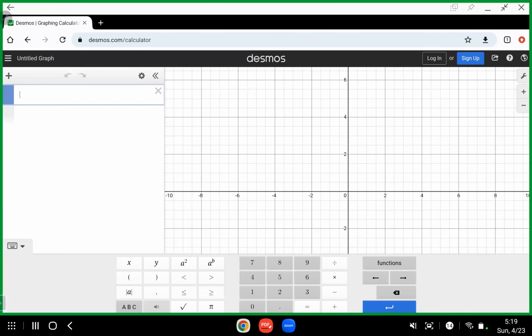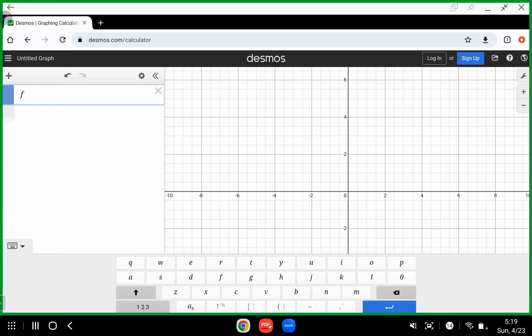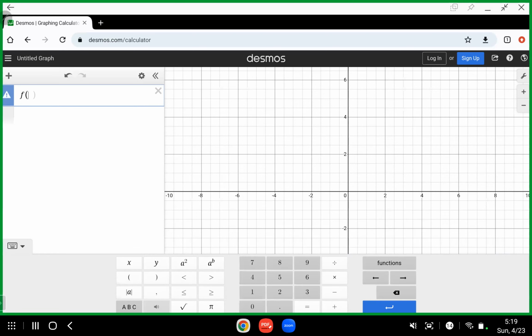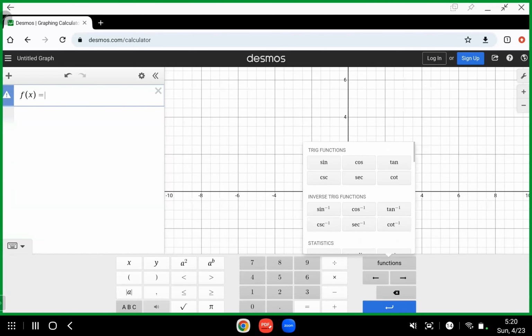Okay, so on Desmos, which is basically a graphing calculator, let's say we are graphing f of x is equal to x squared, a very basic function.